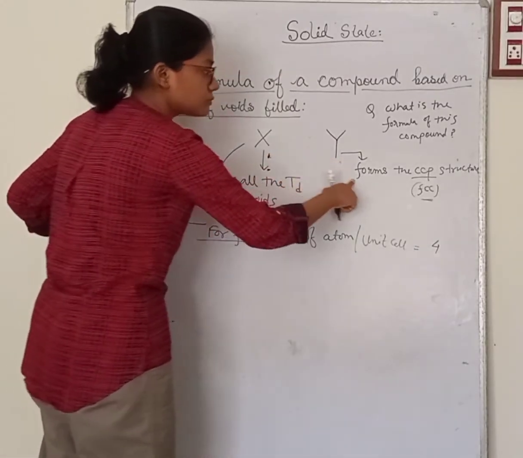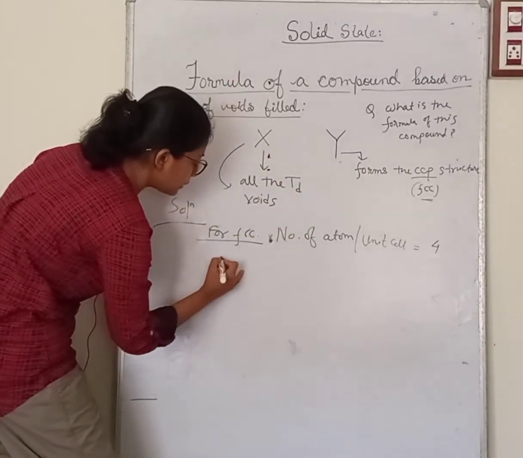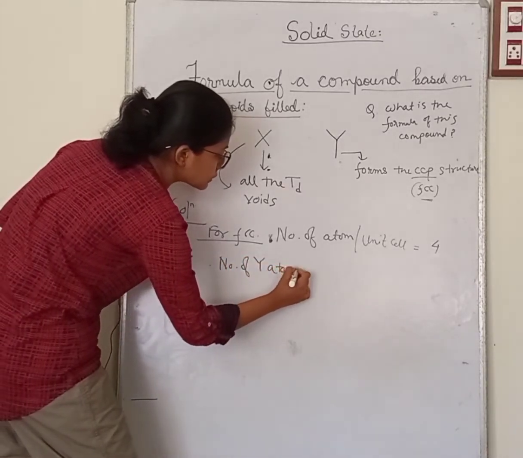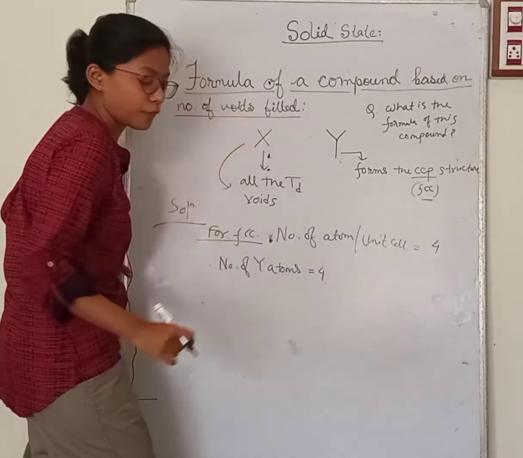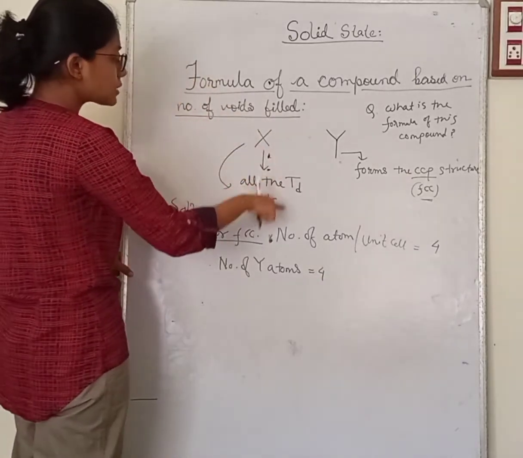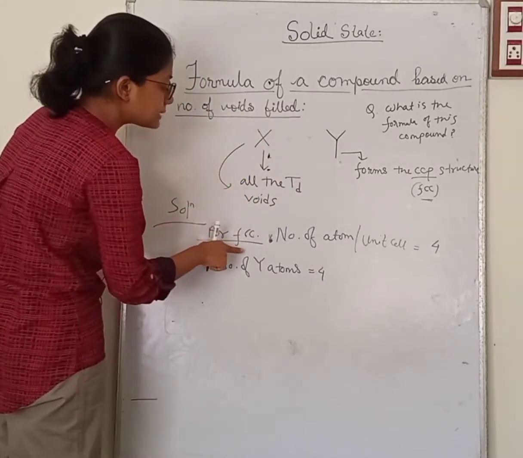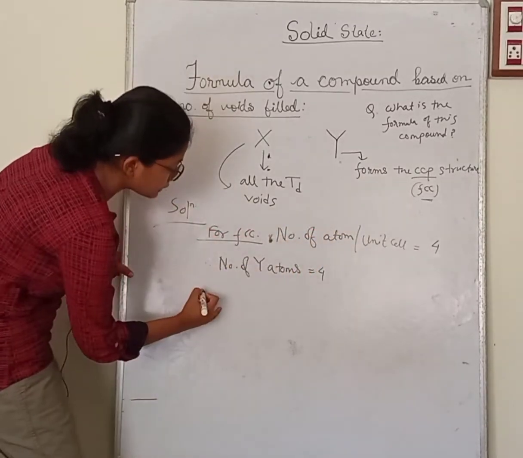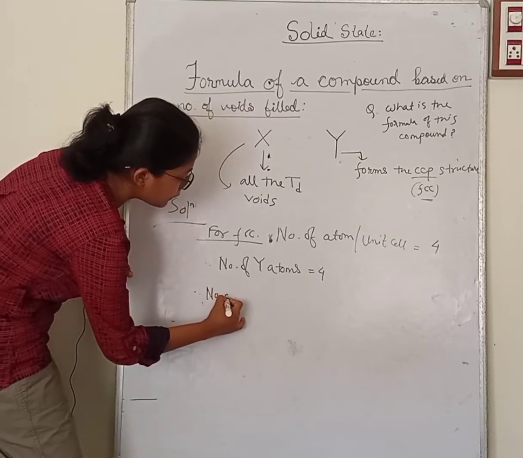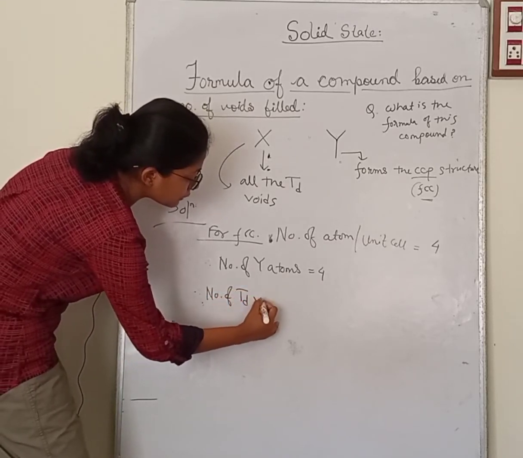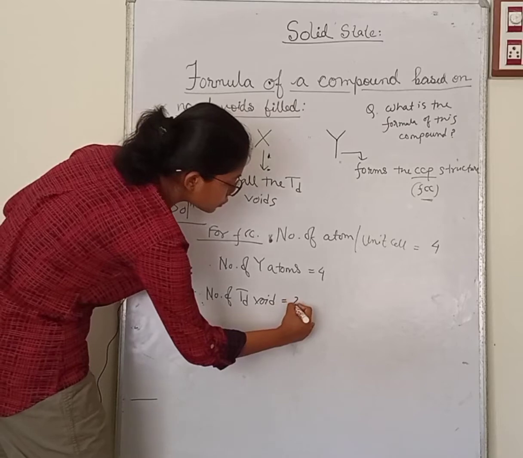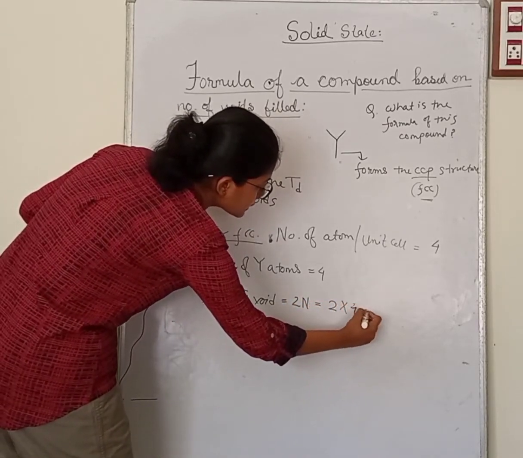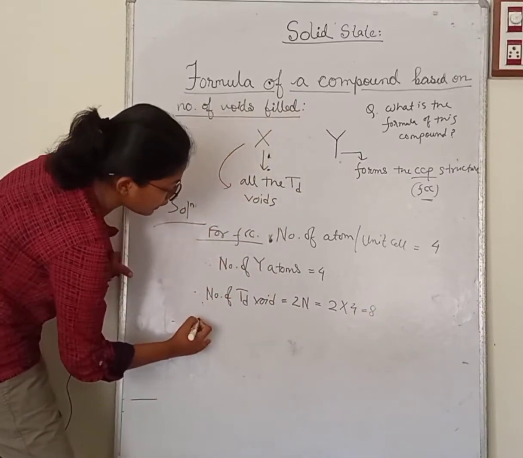Since Y forms the CCP structure, the number of Y atoms is 4. Then X occupies all the tetrahedral voids. Since n is 4, the number of tetrahedral voids is twice n, so 2 into 4 is equal to 8.